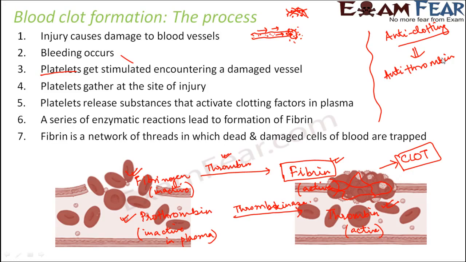After some time, as the blood vessel starts to heal, these anti-clotting proteins will get activated and they will help the clot to get reabsorbed by the blood, and that is how the clot will disappear after some time. So it is to be taken care that the clot formation occurs only at the site of injury, and it should vanish as soon as the injury is healed.